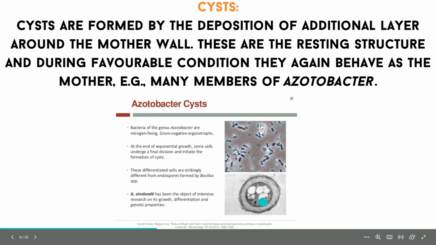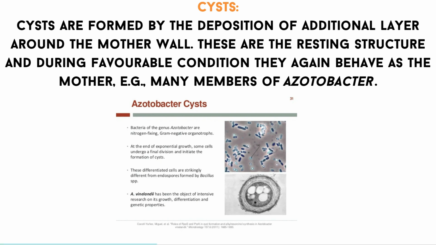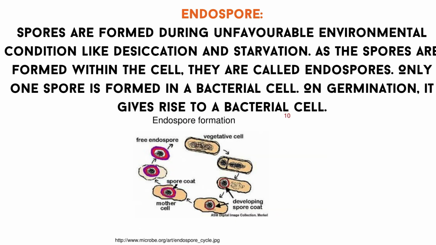And during the favorable condition, this entire cell, which is called as cyst, starts multiplying. This can be observed in the members of Azotobacter, which are reported to be nitrogen fixer.